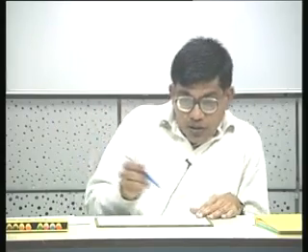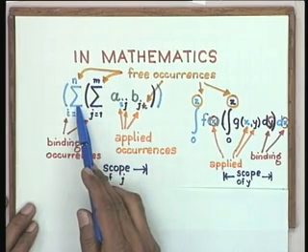What is the definition of a binding occurrence? It is just the first introduction which somehow gives it a meaning, but meaning is not part of the syntax. For example, what is the meaning of this sigma?